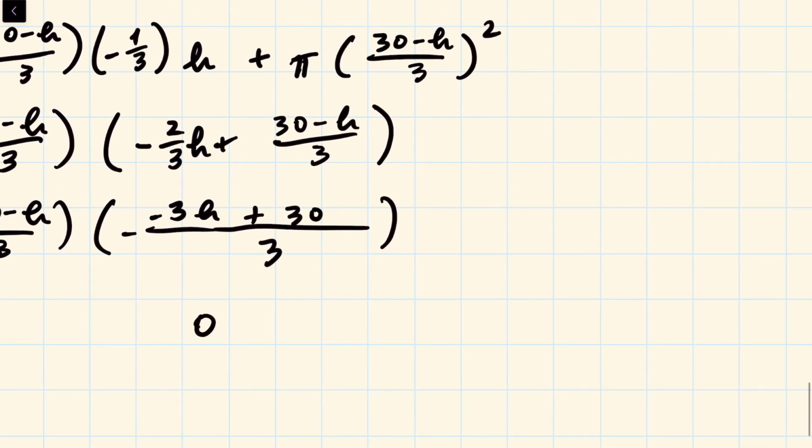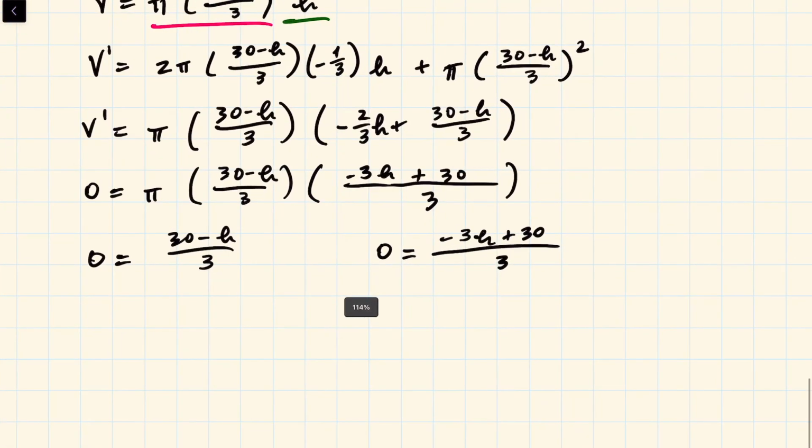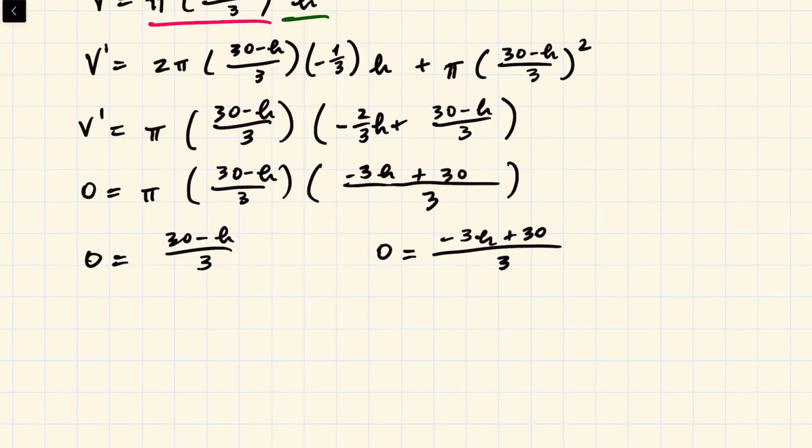We also have 0 is equal to negative 3h, plus 30 over 3. Sorry, I messed up earlier, but this is how it is. Okay, so we have these two solutions to this equation now.